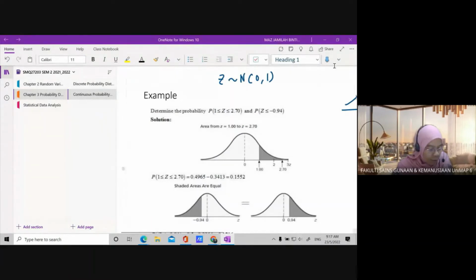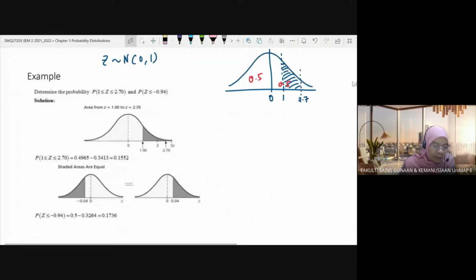Now, looking at this particular equation, we know that we can find from 0 until 2.7 as the biggest area, area number 1, deducted with this area. That will be area number 2.